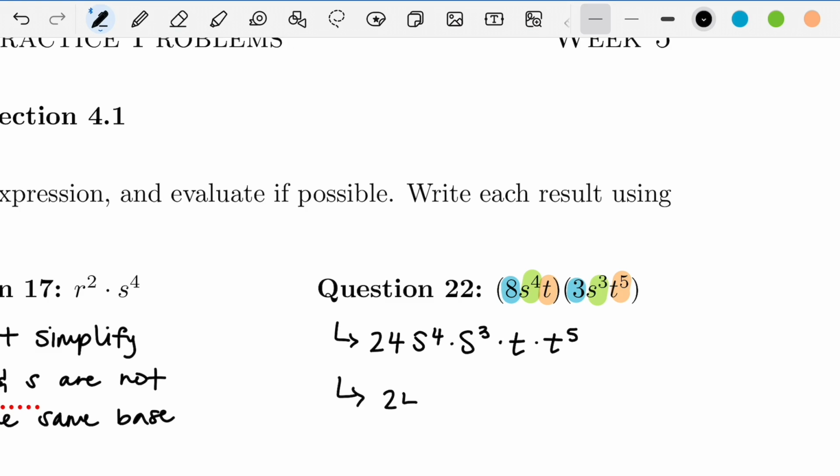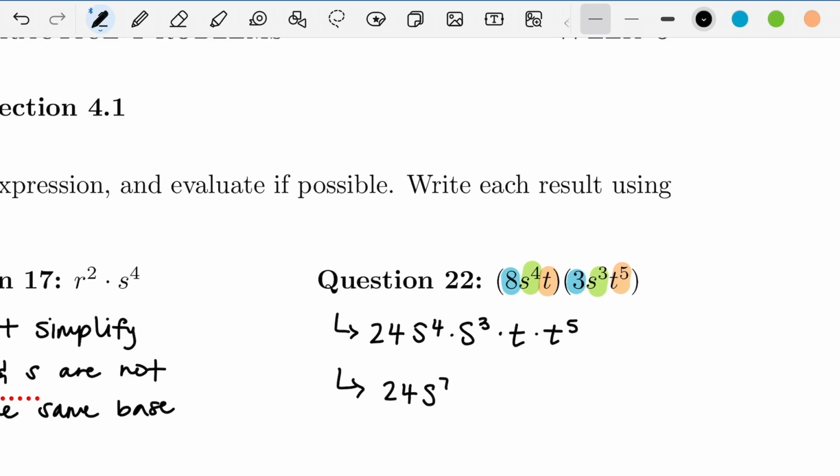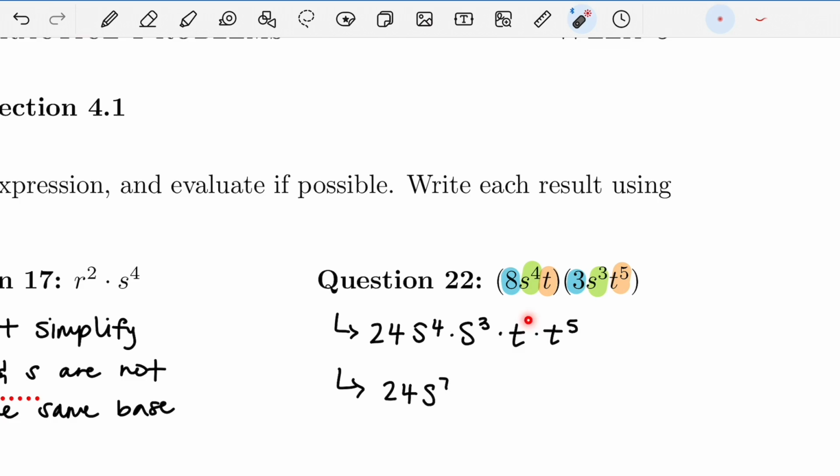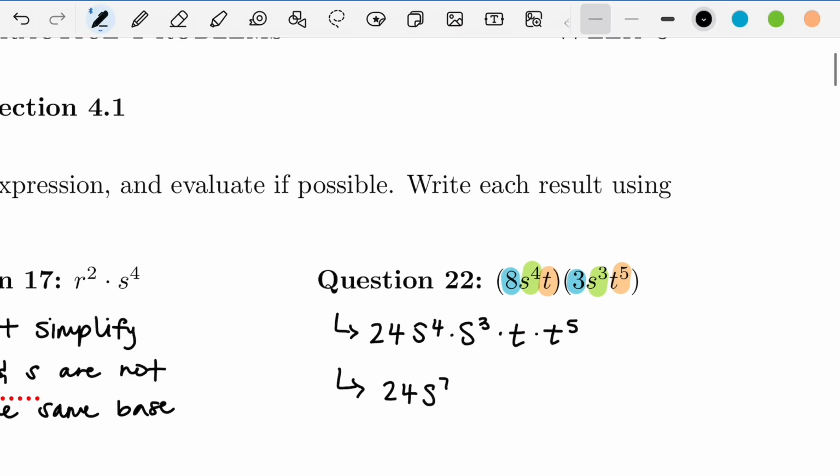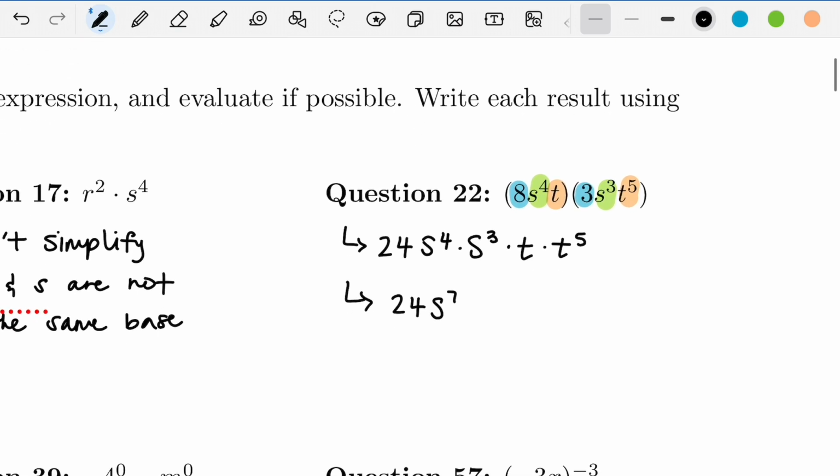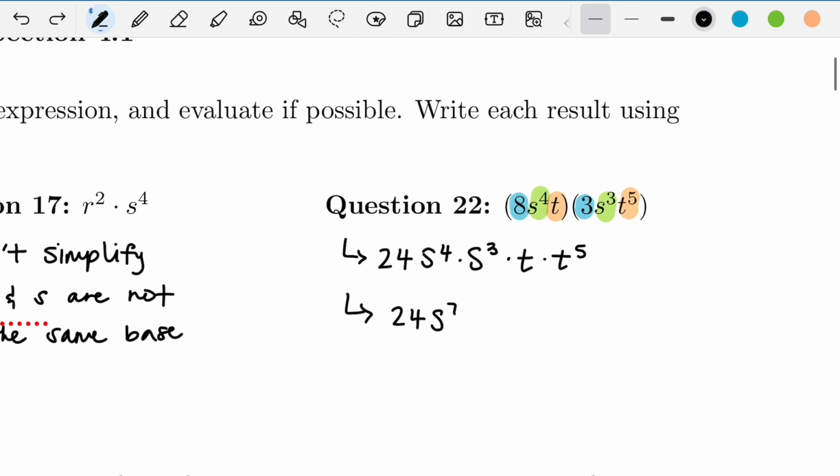So using our product rule, we're still going to have this 24 out front, but this will become s to the 4 plus 3, so s to the 7th. And then t to the, in this case, this t has a power of 1, so this would be t to the power 1 plus 5, so t to the 6th power. And so this would be our final answer for this one.